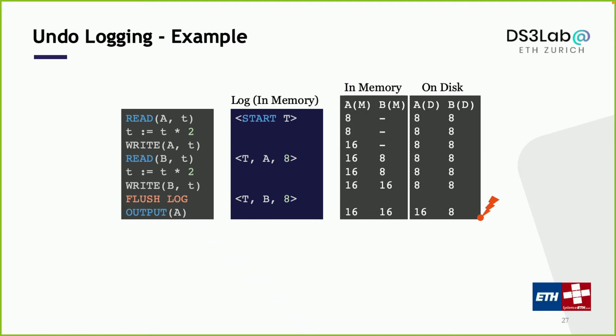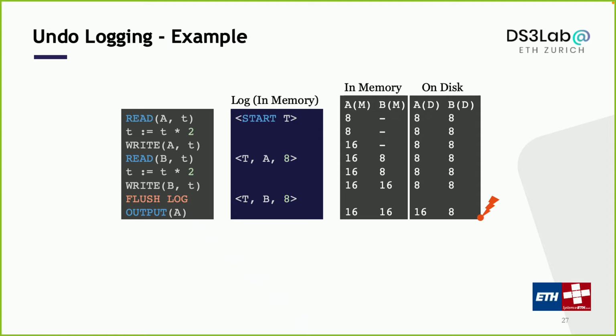You are going to see start T, the old value of A is 8, and the old value of B is 8. And then the transaction T already updated the value of A. As you can see, the value of A is a new value. At this moment, it crashed. When I reopen the machine, I see the 3 records in the log.